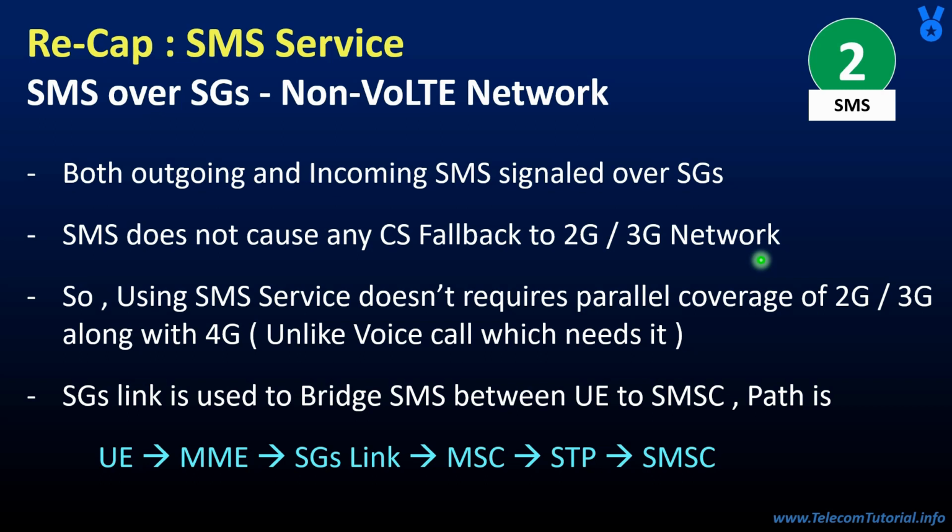The SMS user sticks to 4G network. And finally, the SGs link is used to bridge SMS between UE and SMSE. Here the path is UE to MME, then to SGs, then to MSC, then to STP, and ultimately to the SMSE.